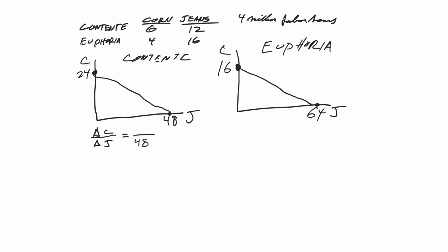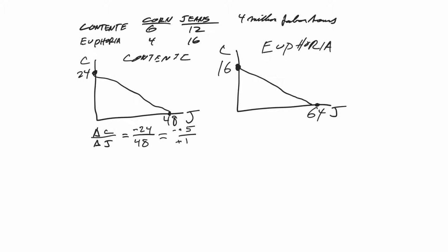That means you would be going from 24 all the way down to 0, and that's a change in corn of negative 24. Divide through, so the denominator becomes a 1. 24 divided by 48 is 0.5. So 1 jean costs 0.5 corn in Contente.